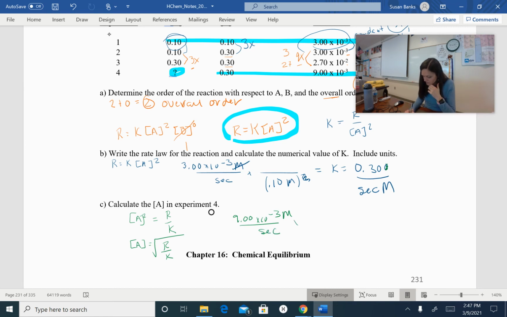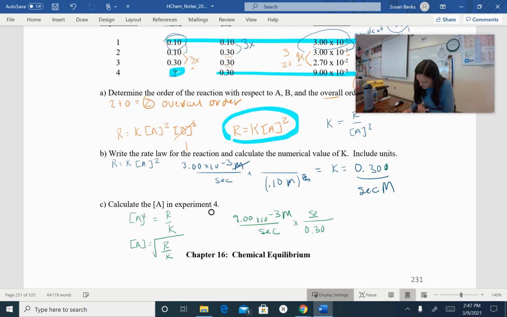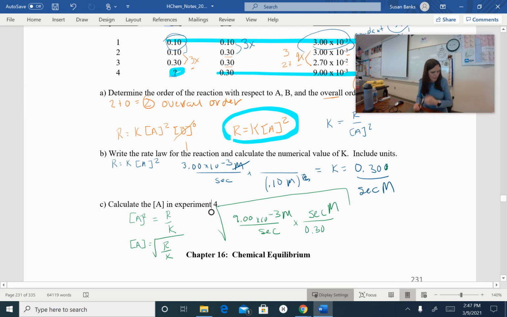Okay, and I want to divide by my K, which is 0.30 per second per molar, and I want to square root that. Now notice that my seconds cancel out already.